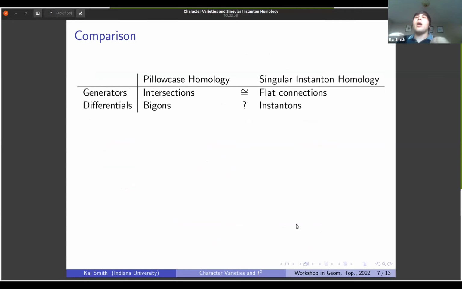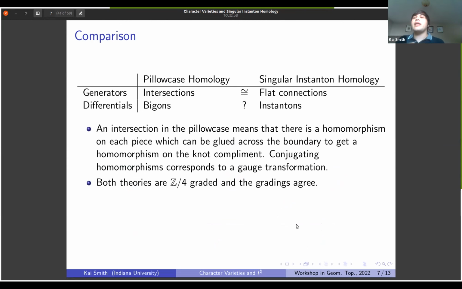So let's compare what we have so far. Between pillowcase homology and Instanton homology, the generators of the chain complex have a natural equivalence. An intersection in the pillowcase meant we had a homomorphism on each tangle complement which agreed on the boundary. And so we can glue that into a homomorphism on the entire knot complement, which we saw before corresponds to a flat connection.